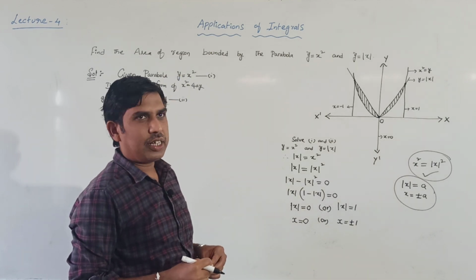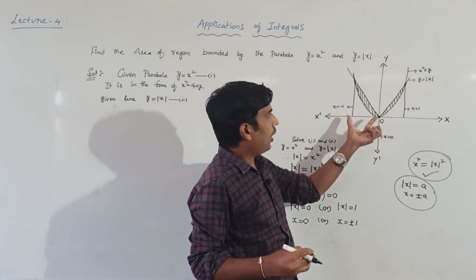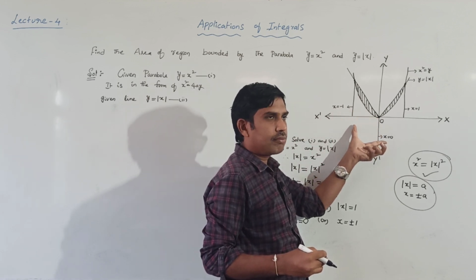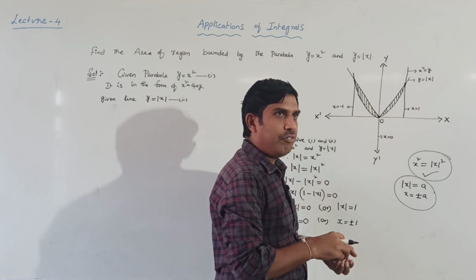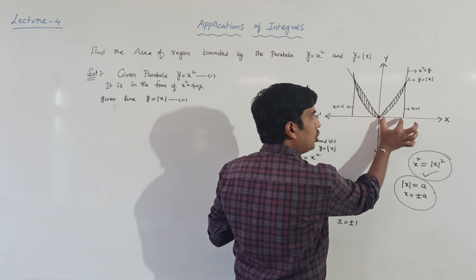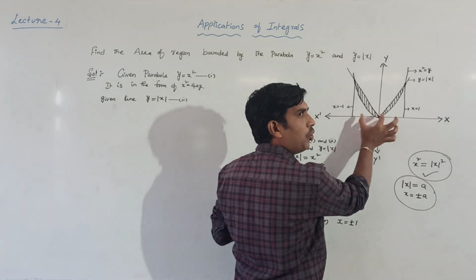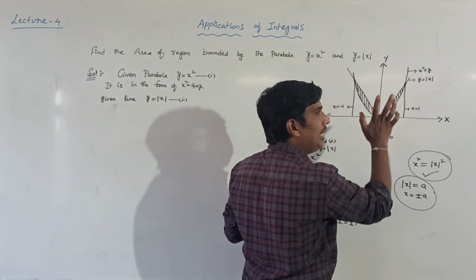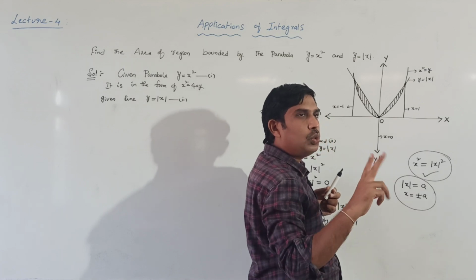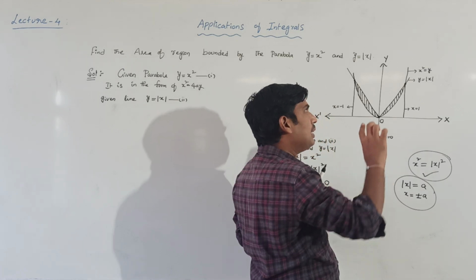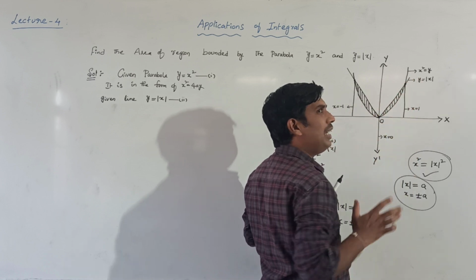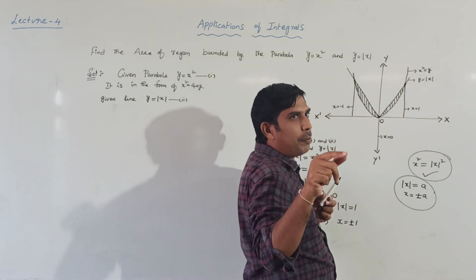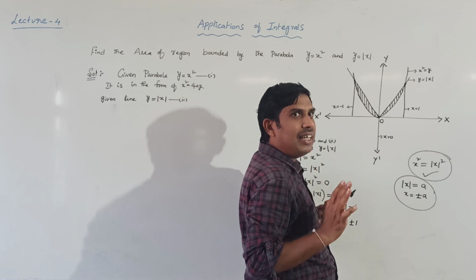So if you observe there, from minus 1 to 0, 0 to 1, width same only. Means that these two areas are equal. These two areas are equal, means these two parts are equal in area. So one part area calculate, multiply with the 2, will get the required area.